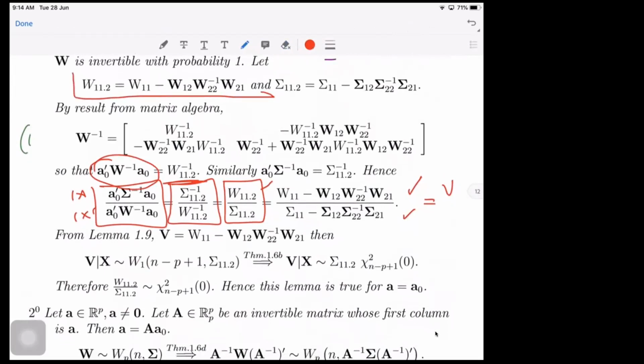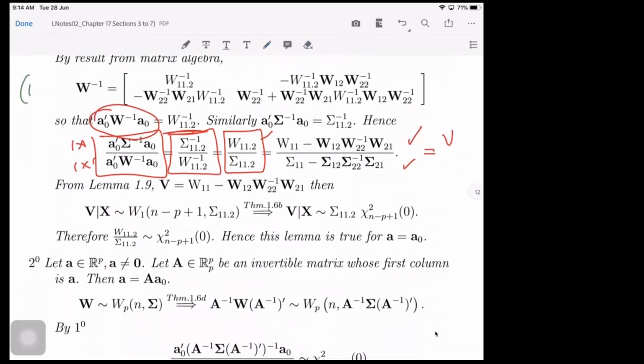And W11.2 is given by this. And this one is given by that. And if you get the ratio of that, so W11, so it's finished. Substitute this here.